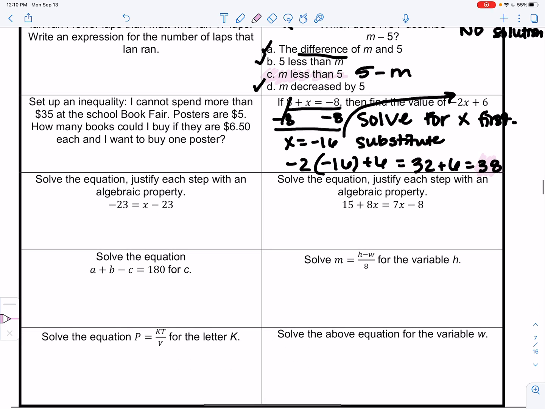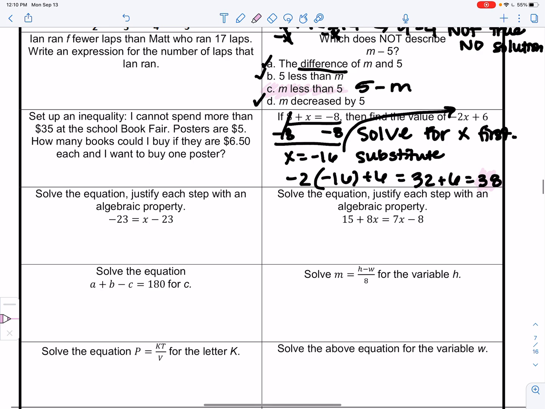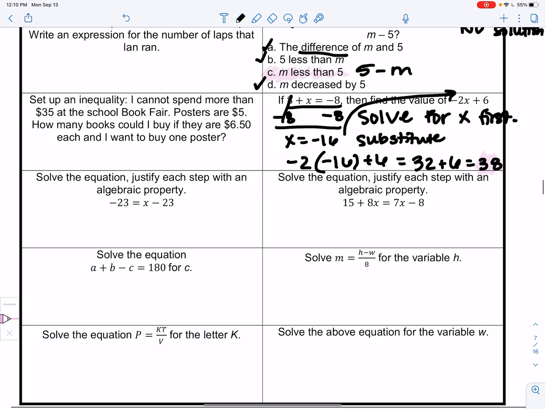Next, solve the equation and justify each step with an algebraic property. So you're going to move all your variables to one side. I'll move my 7x over here because it's smaller. So I have x plus 15 equals -8. I'll move my 15 to the right. So x is equal to -23. And that was it for this one.